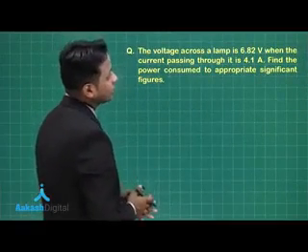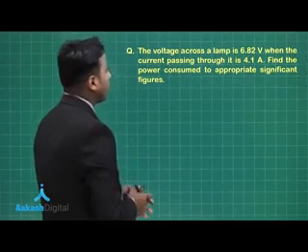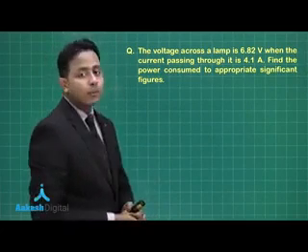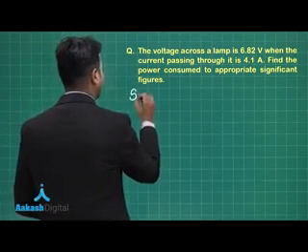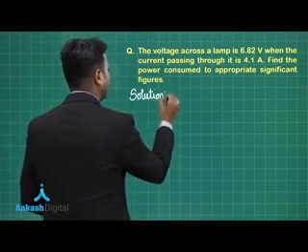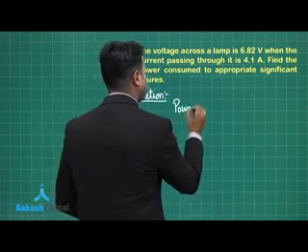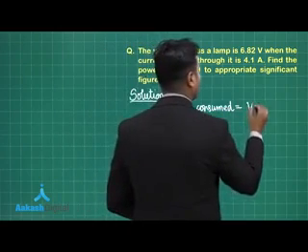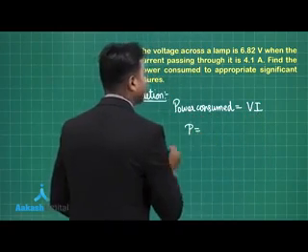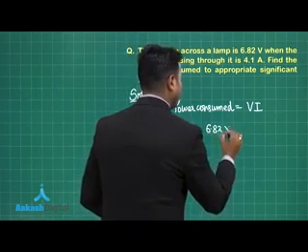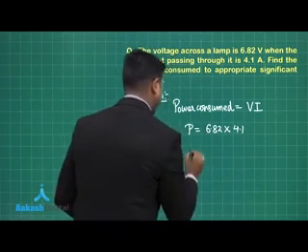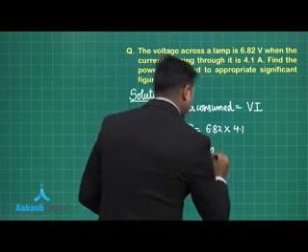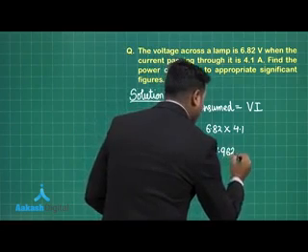The voltage across a lamp is 6.82 volt when the current passing through it is 4.1 ampere. Find the power consumed to appropriate significant figures. Now that's a very easy question. We must know that power consumed is simply equal to the product of voltage and current. So simply power is equal to 6.82 multiplied with 4.1. Now if you multiply this number up, it will come out to be 27.962 watt.